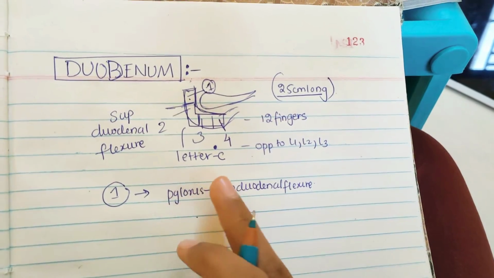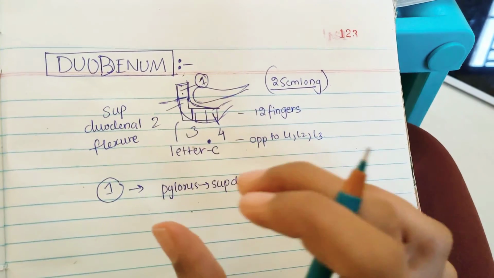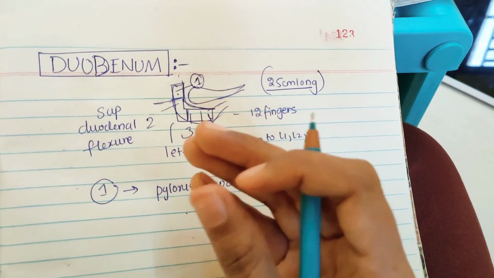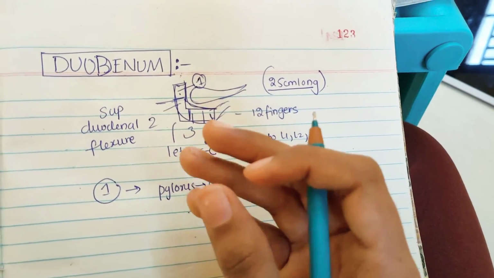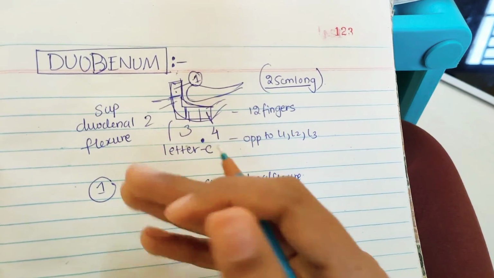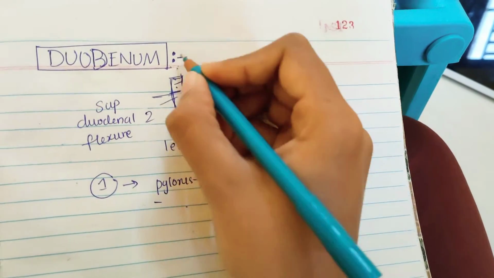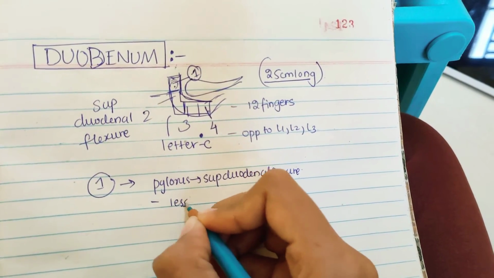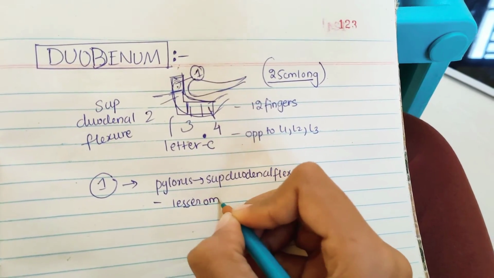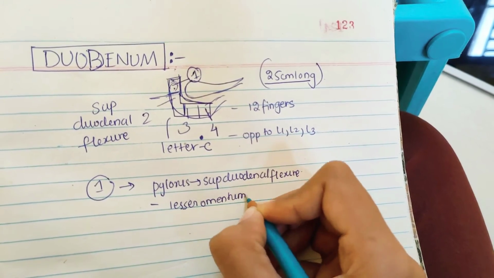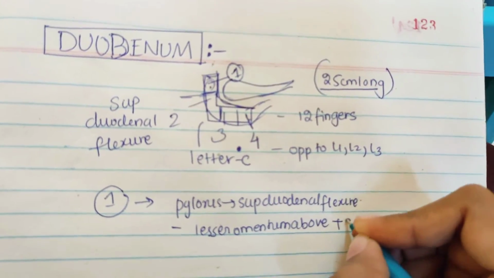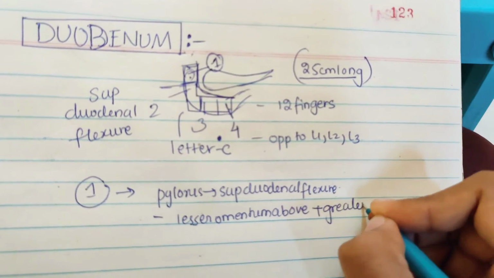Next, coming to the peritoneal relations of the first part: the proximal 2.5 centimeters is movable and is attached to the lesser omentum above plus the greater omentum below.